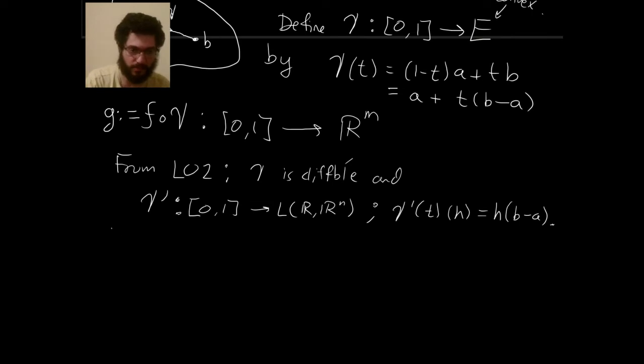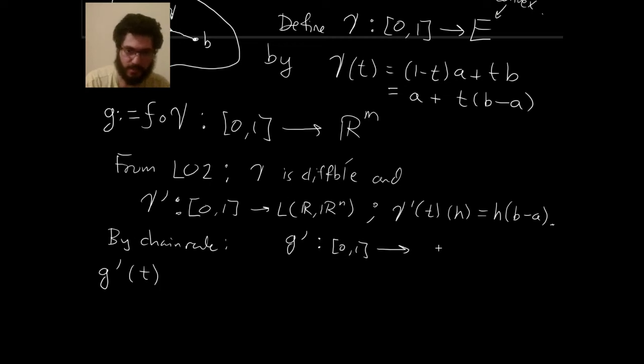Now by the chain rule, G prime of t, so let me just write down the type of thing that G prime will be. G prime will be from the domain of G to linear maps from R to R^m here.